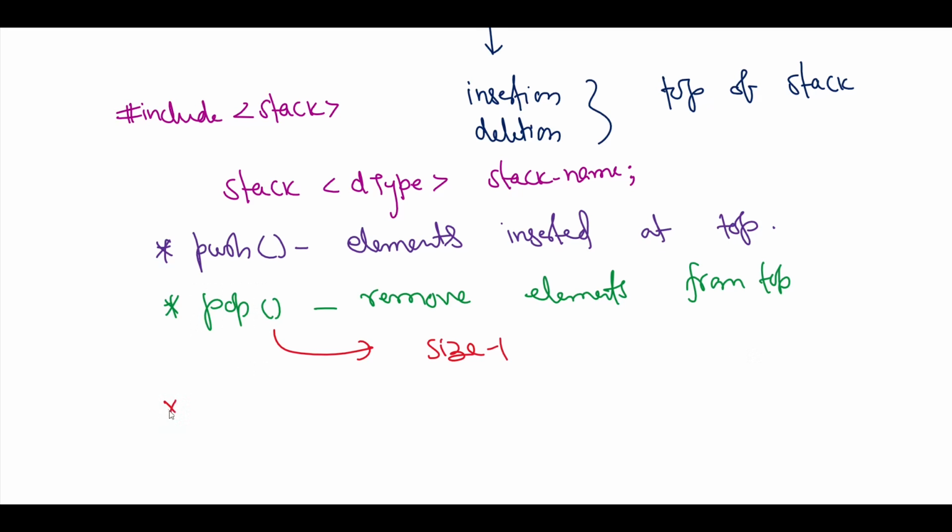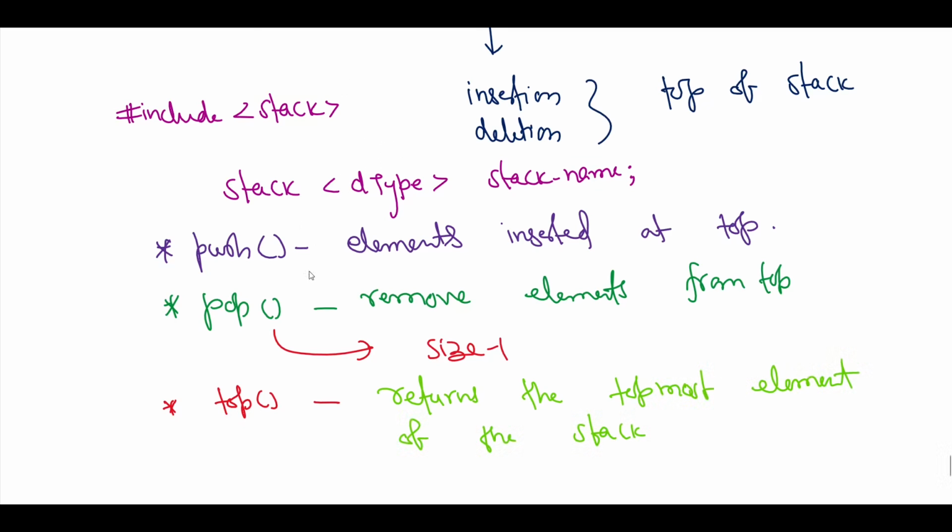Then there is another function, which is the top function. This method returns the topmost element of the stack. One thing you can note here is that top is returning the element, but pop is removing the element. This is the difference between these two methods, right?